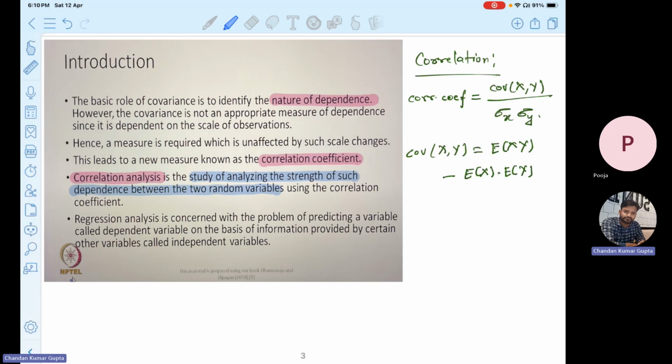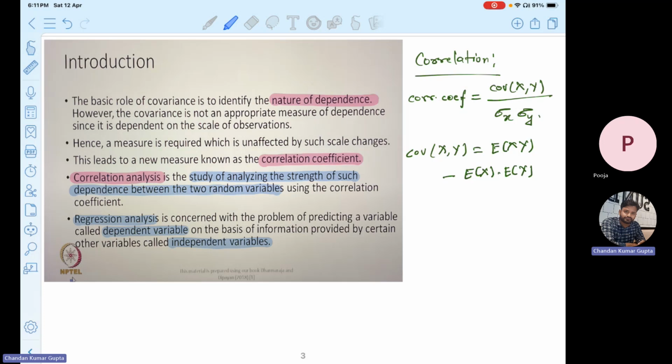On the other hand, regression analysis is concerned with the problem of predicting a variable. There are two types of variables in regression analysis: the dependent variable and the independent variable.